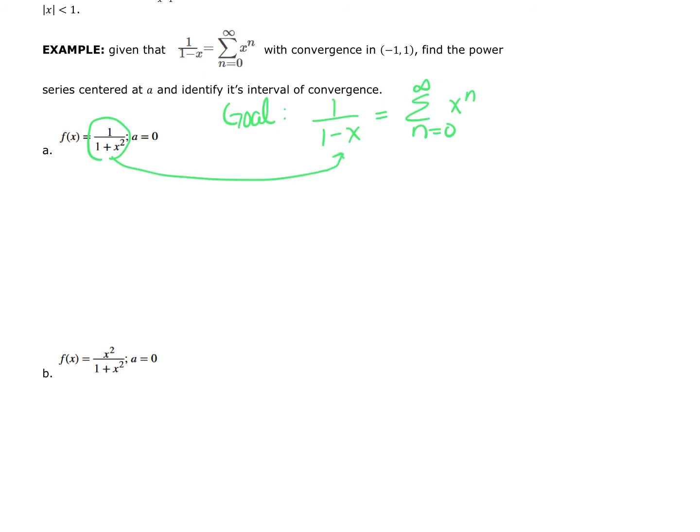And because it can be a little muddy, instead of x's, because I've got x's in my rational functions here, let's just write this as the generic y and then y raised to the n. So basically, I want 1 over 1 plus x squared to have the same structure, 1 over 1 minus y.